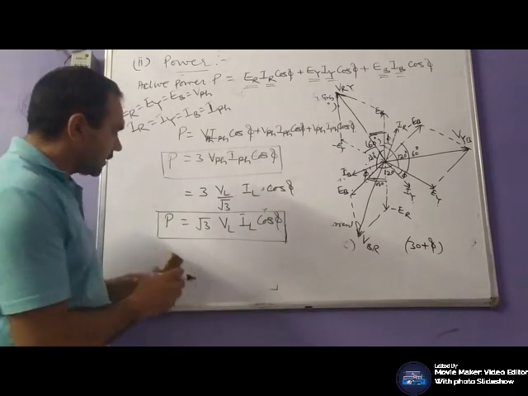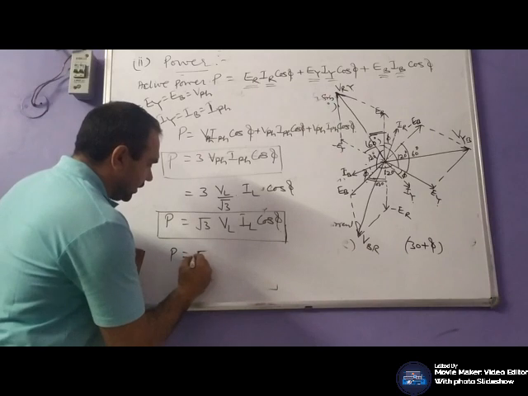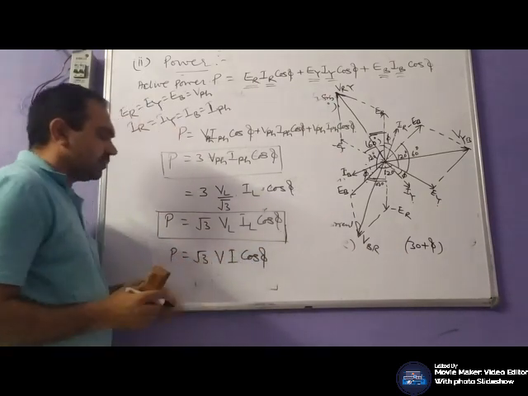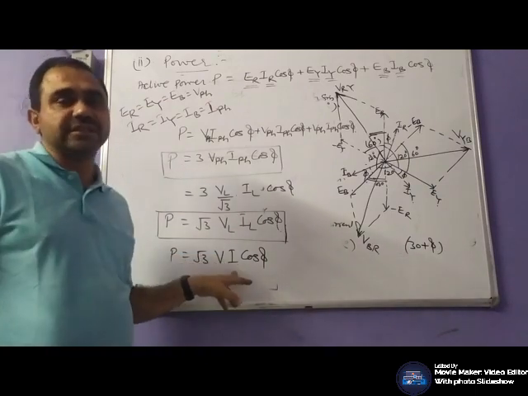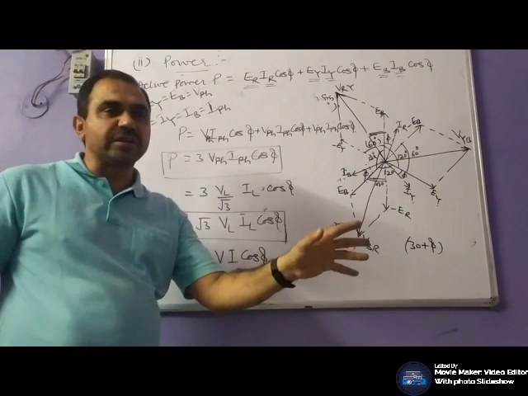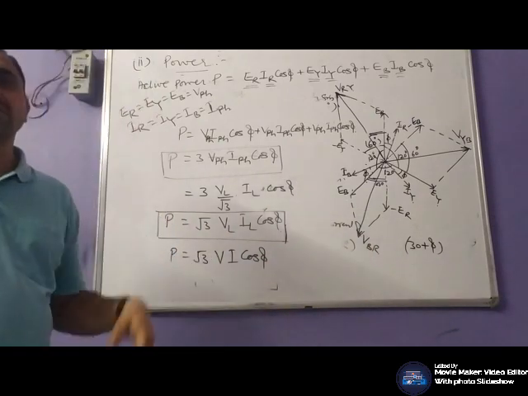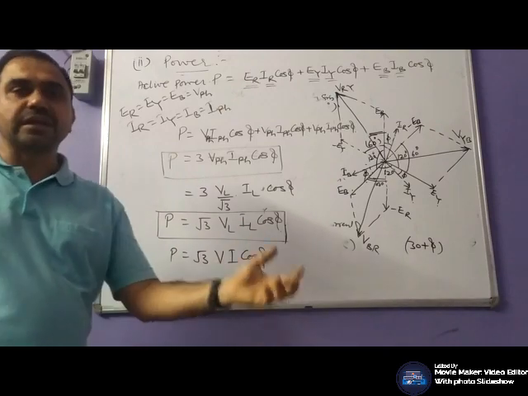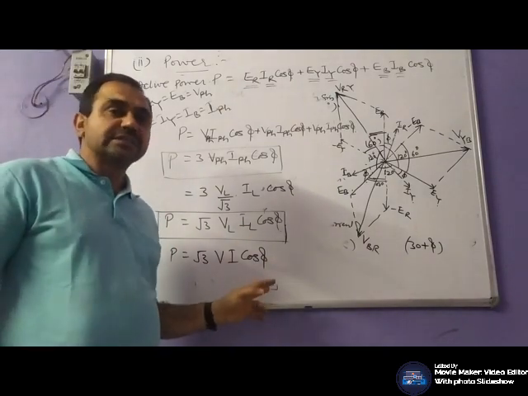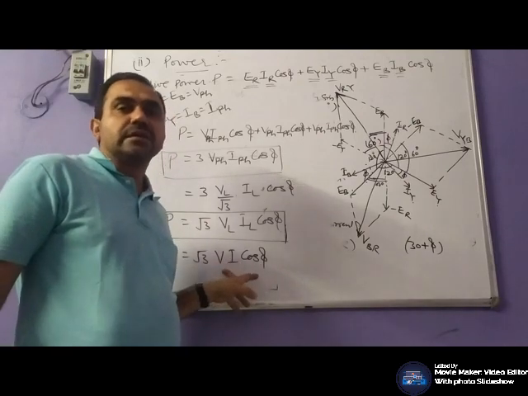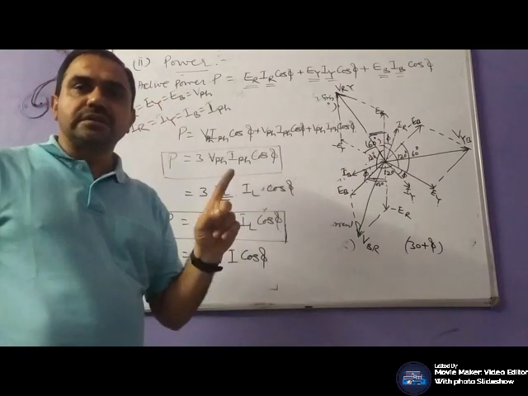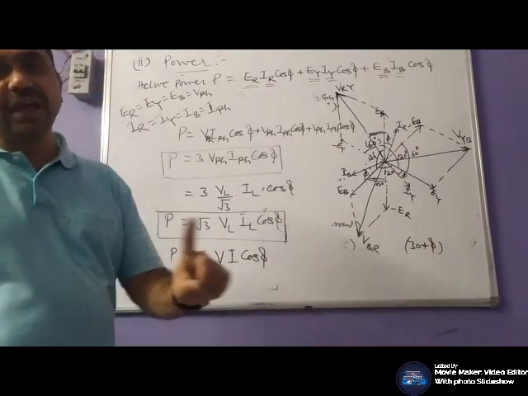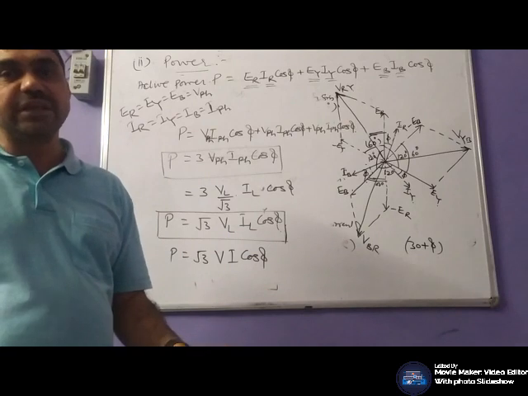And in three-phase system, if you mention root 3 VI cos of phi, it means this V is the line voltage, I is the line current. And if in a problem it is written that a 400 volt 50 hertz system draws a current of 10 ampere, it means this is the line voltage, 10 ampere is the line current, and the angle mentioned means the angle between the phase voltage and phase current.